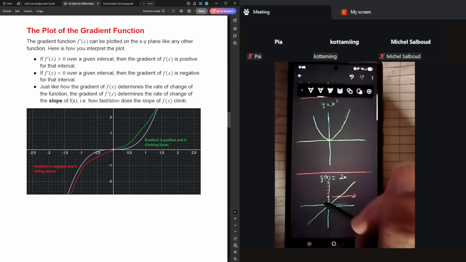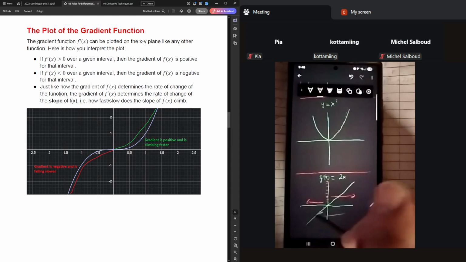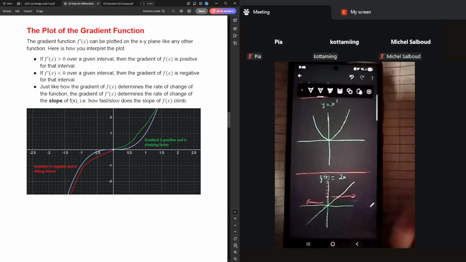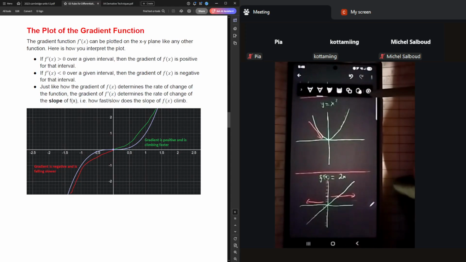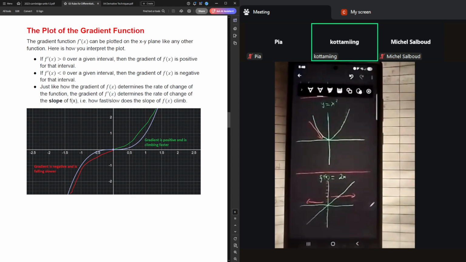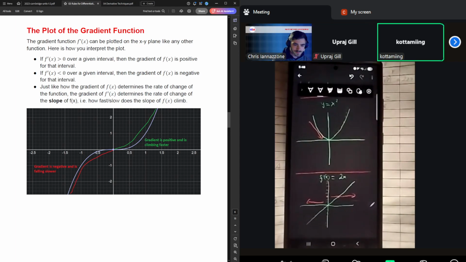Whereas on the left-hand side over here, because you have a bunch of negative y values, these are now negative gradients, which makes sense if you look at the original again, because now you can see that all the curve is pointing down. It's all negative gradient on that side. Is that any clearer? Yep. Cool. Okay.